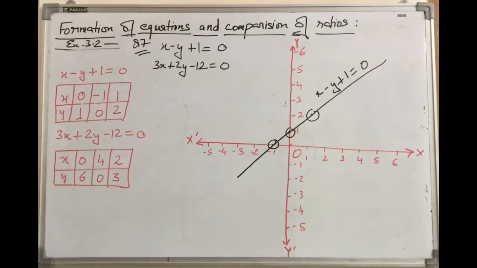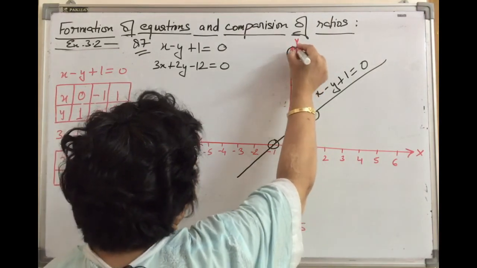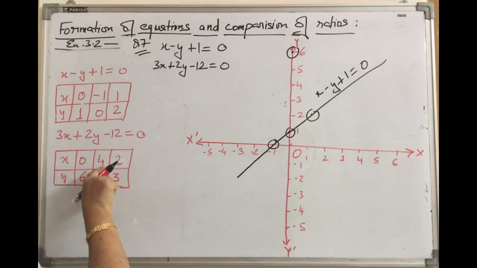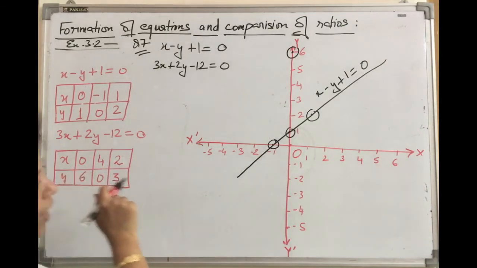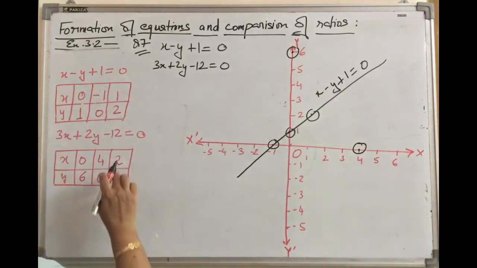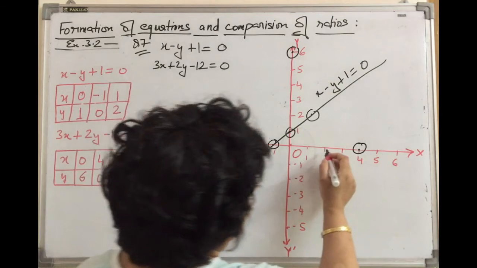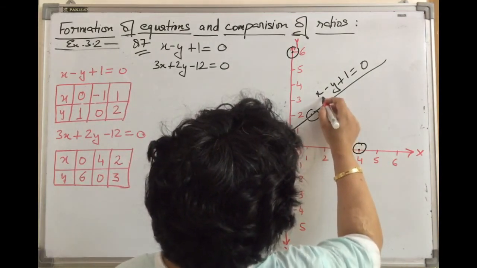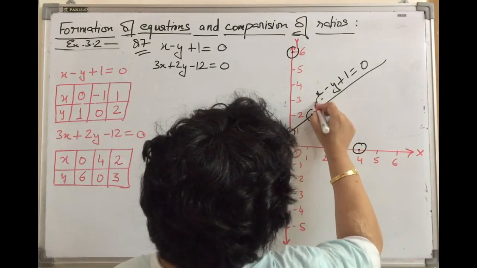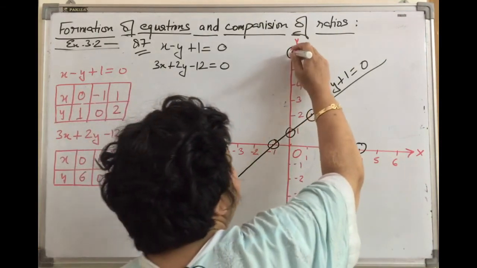Now let's plot them. First point, x 0, y 6 will be this point. Second point, x 4, y 0 is this point. Next, third point, x 2, y 3 will lie somewhere here. Okay, so we have obtained 3 points. Now join them.